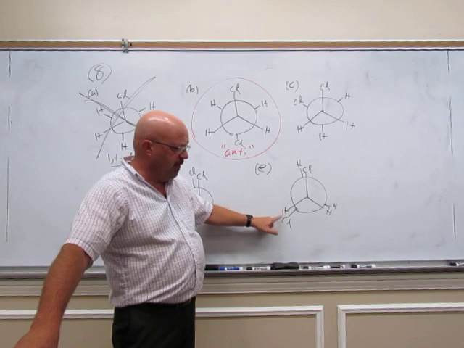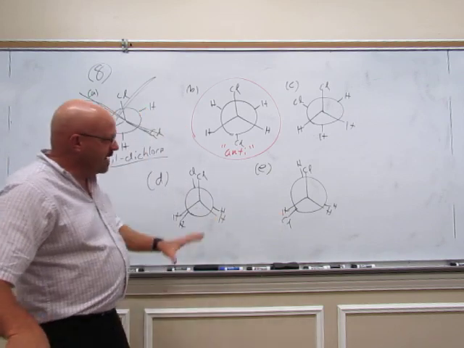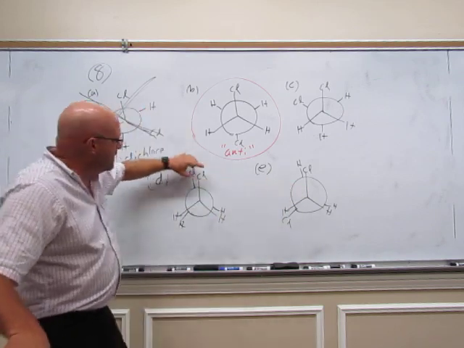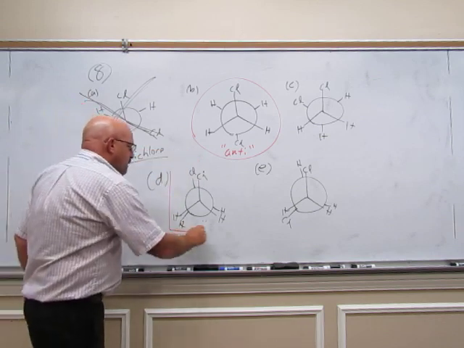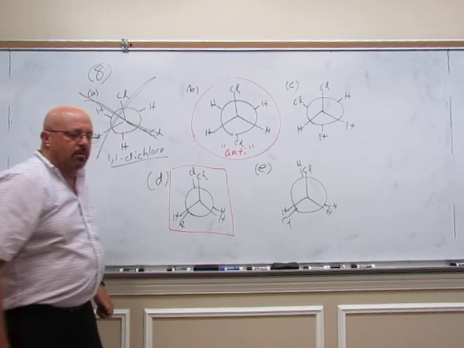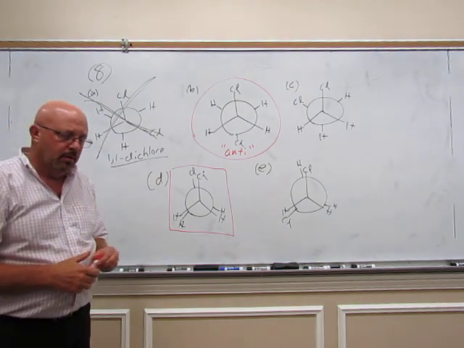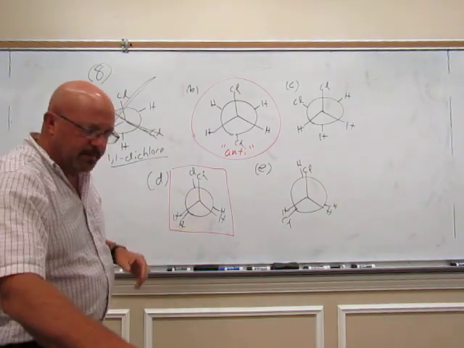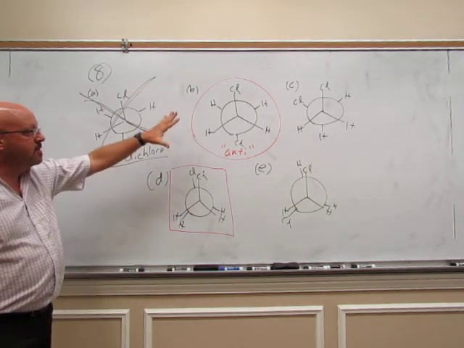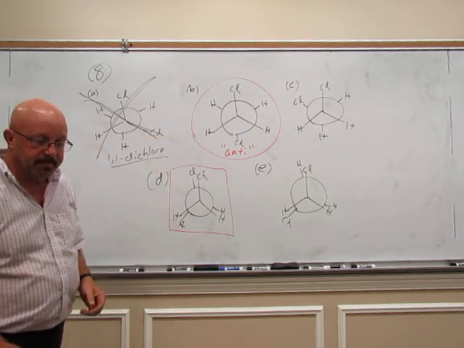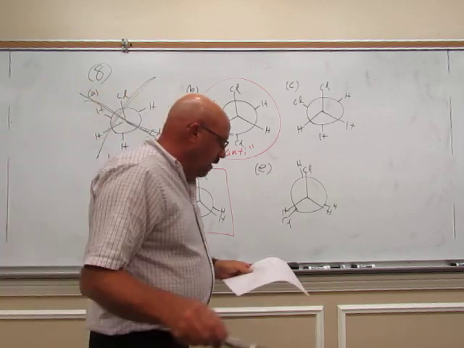Chlorine and a hydrogen on top of each other. So that's bad, but not as bad as having two big chlorines on top of each other. This is the least stable. That's the worst one. That's the highest energy one. Anti is the most stable, the lowest energy one.